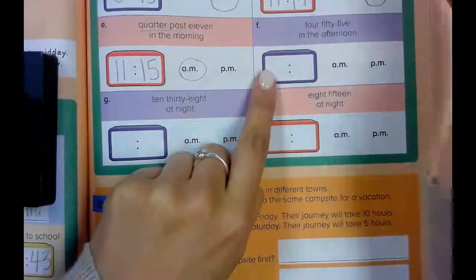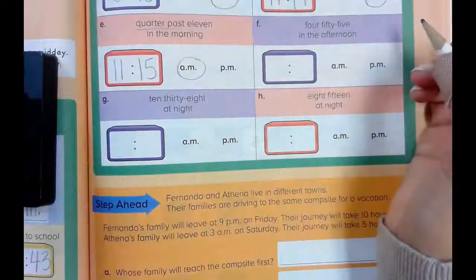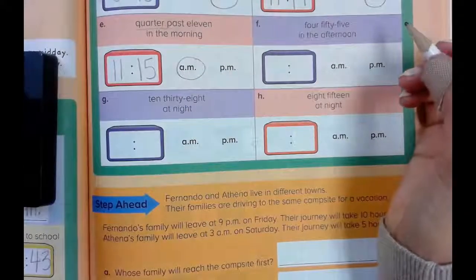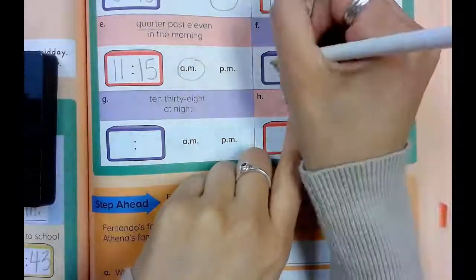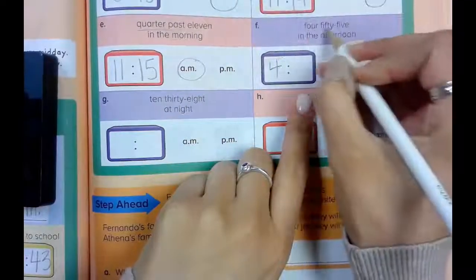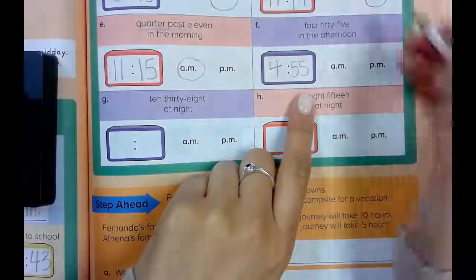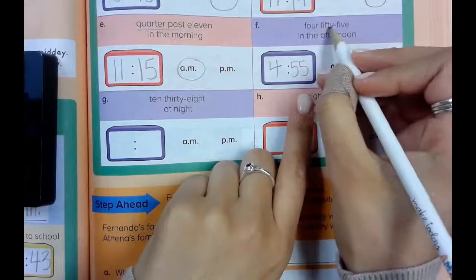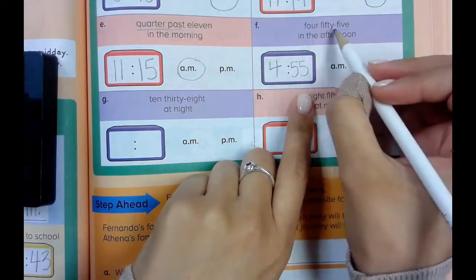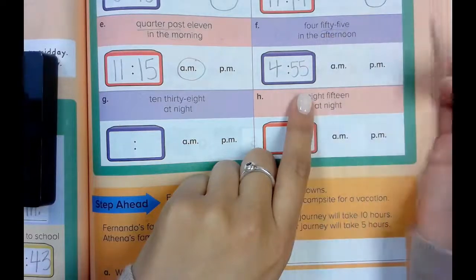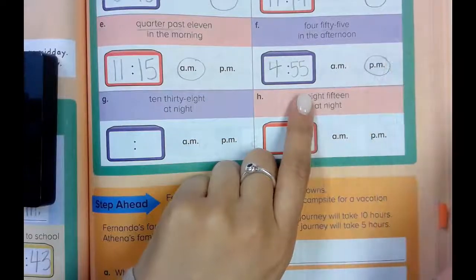Letter F, 4:55 in the afternoon. We have 4 in my hour, and we have 55 in my minutes. Because remember, I couldn't have 55 in my hour because we can't have 55 hours on my clock. So make sure you're just reading this exactly how it's telling you. And we're in the afternoon, so that means I'm going to have PM.